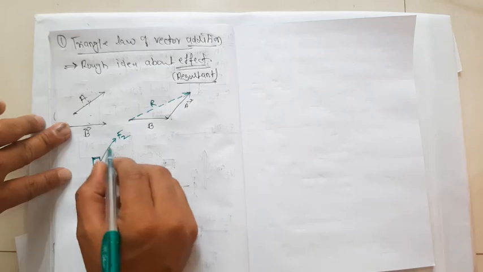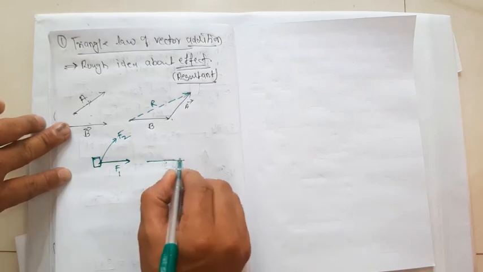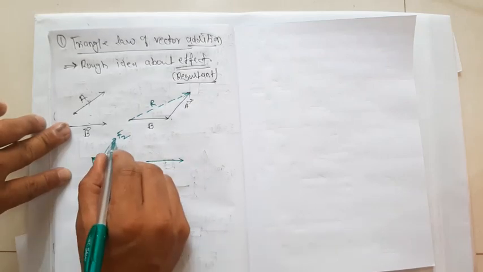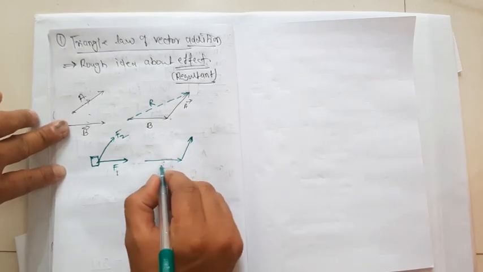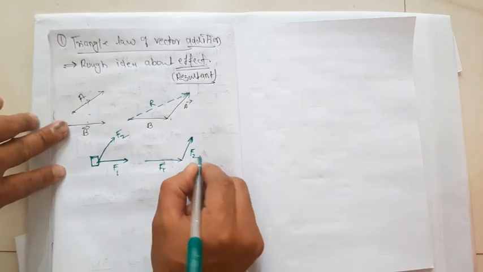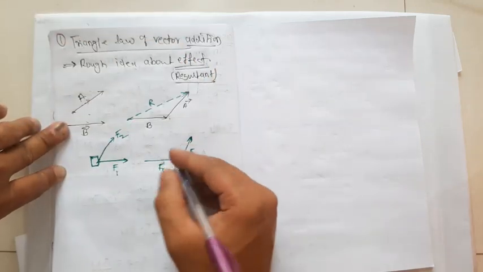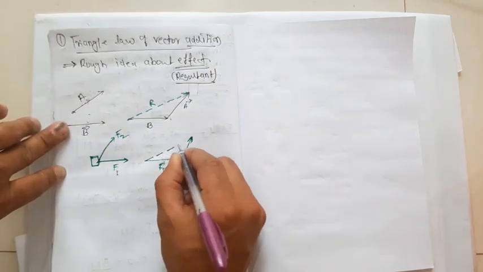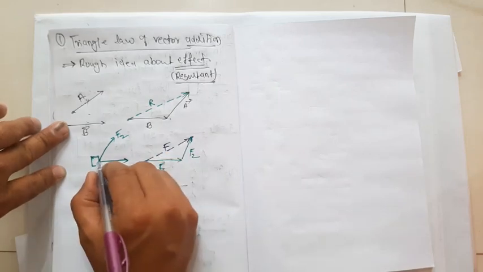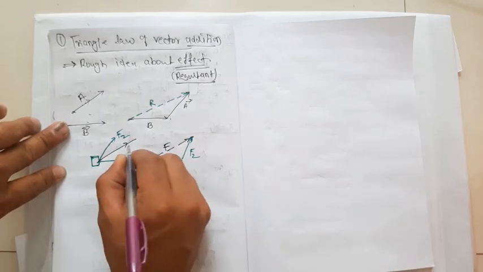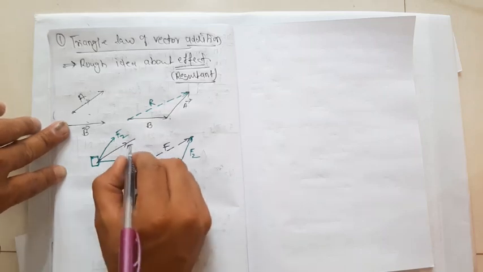So I will take this vector as it is, and F2 will be placed over here without changing the direction. So this is F1, this is F2. Now if you join this, this is the total force, that means the object will move somewhere here with total force F.